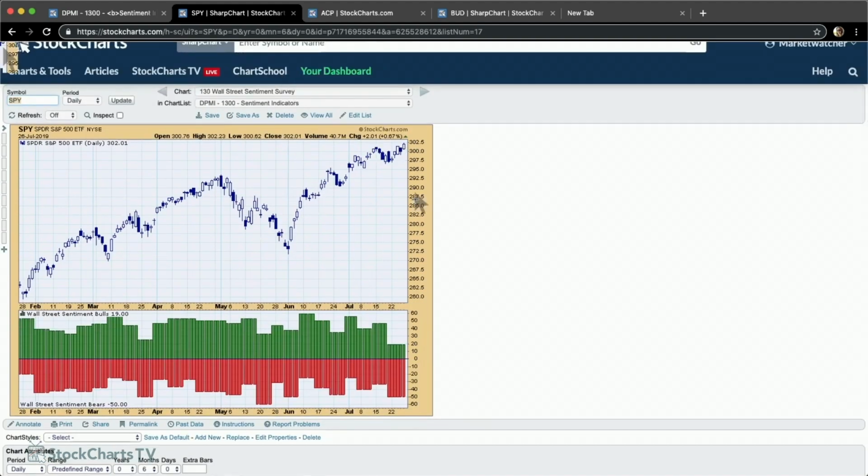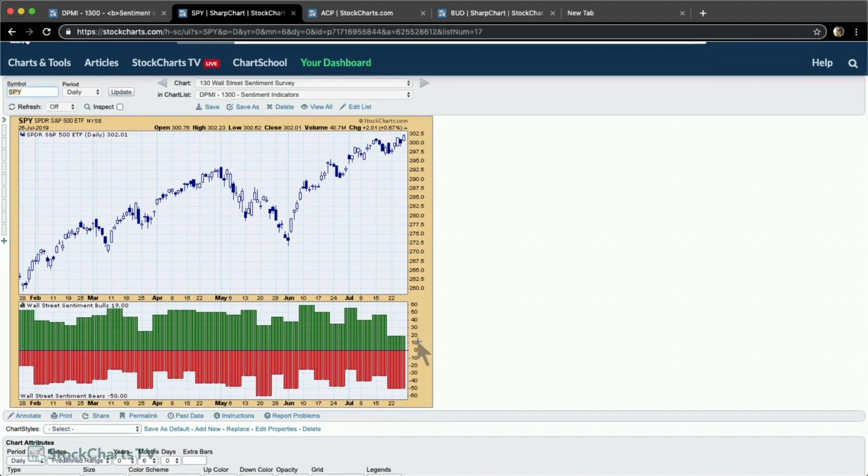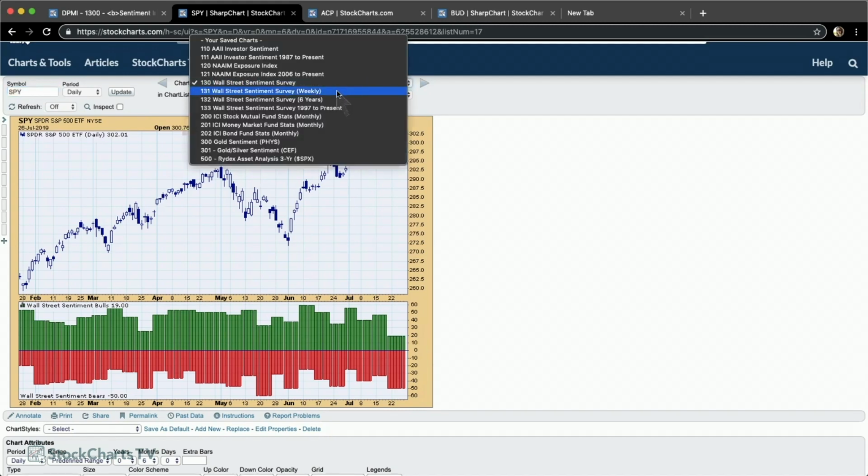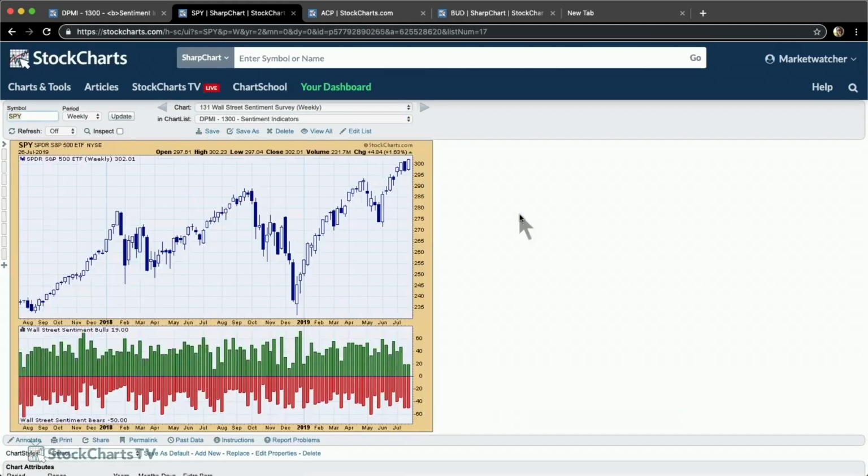Okay. While we're here, let me make a comment. First of all, I originally came up with this survey, and years ago I turned it over to Mark Young, and he does that weekly. I think it would be a good idea to display this as a weekly chart, because people might be wondering why these are all the same, because it's a weekly reading.